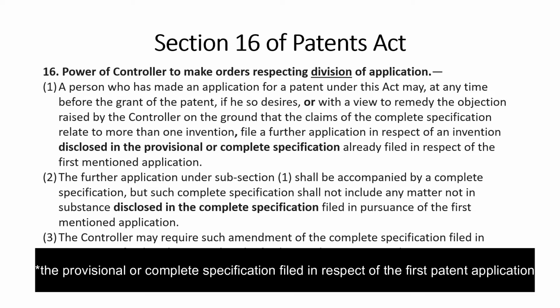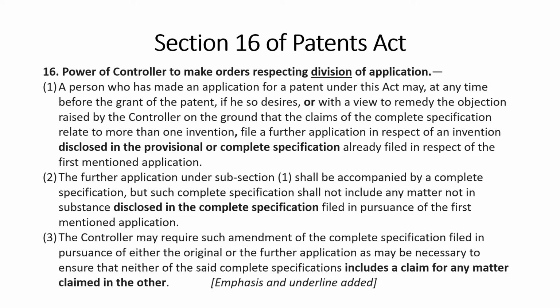For easier understanding, the first patent application that an applicant has filed would be referred to as the parent application, and any further applications that we file or derive out of the parent application would be referred to as the divisional application, as has been done by the IPAB and the court. Subsection 2 further provides that the divisional application derived out of the parent application should not have any matter which is not in substance disclosed in the complete specification of the parent application.